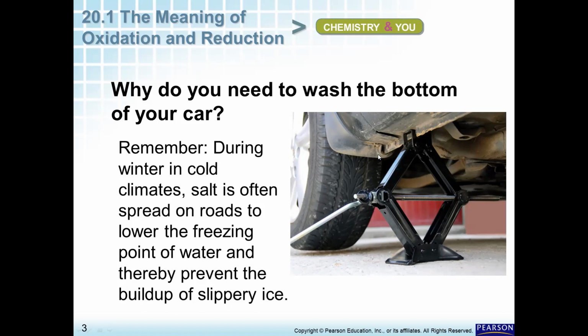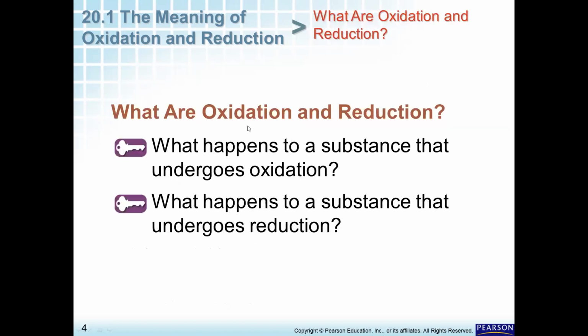That is an exothermic reaction. The dissolution of salts in water will produce heat, and that's why they use salts in that case. So when you drive in a snow climate, a lot of salt will be stuck in the bottom of your car. If you don't remove it, that will result in corroding your car.